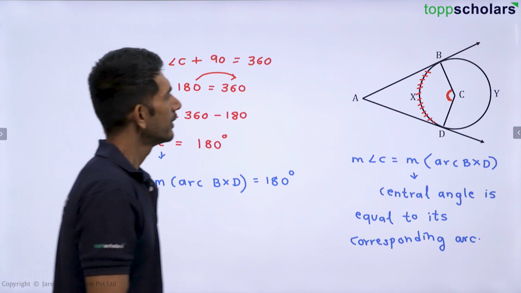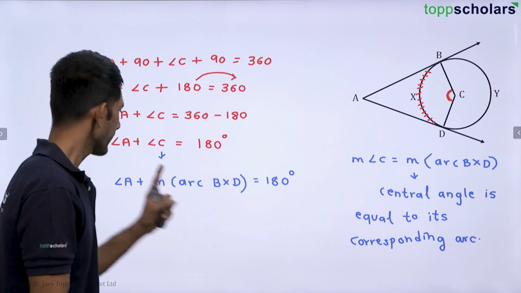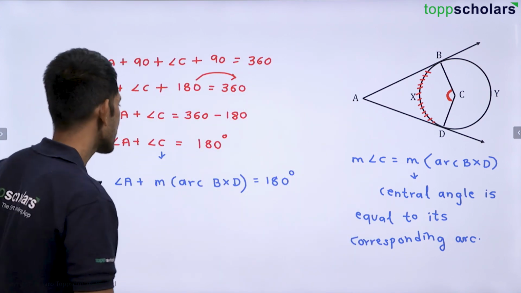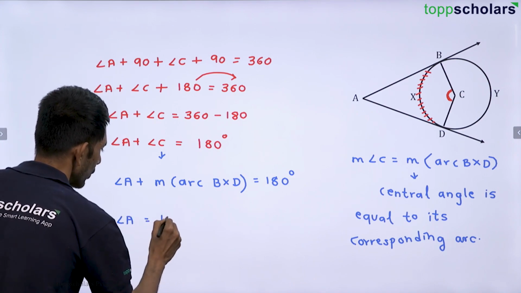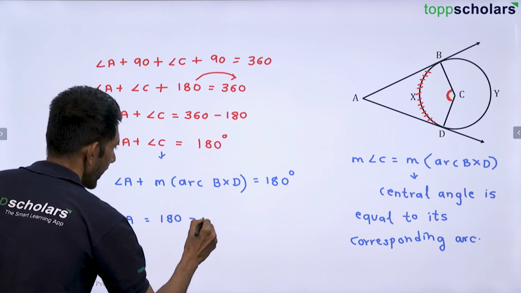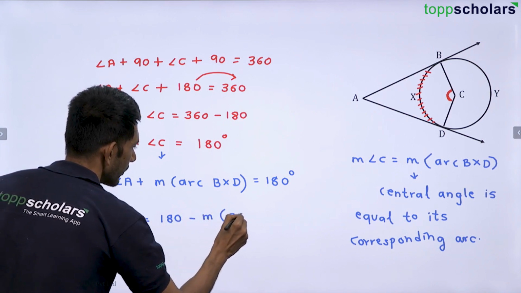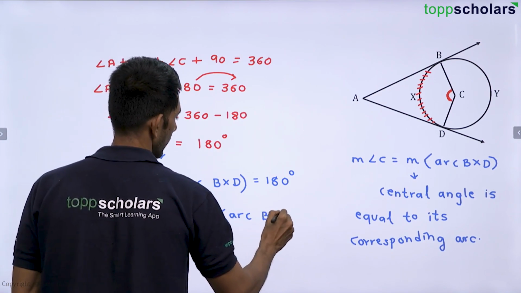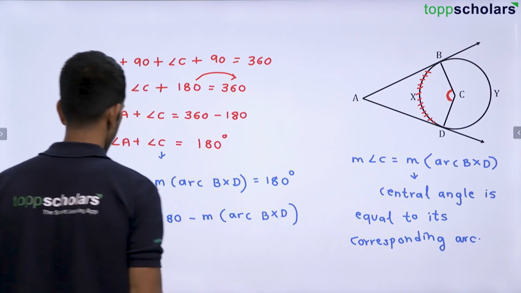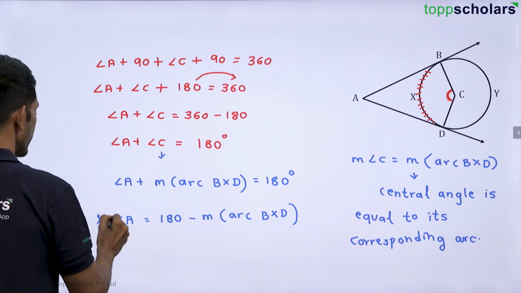Okay, now understand. So if I shift measure of arc BXD to the other side, I get angle A is equal to 180 minus measure of arc BXD.